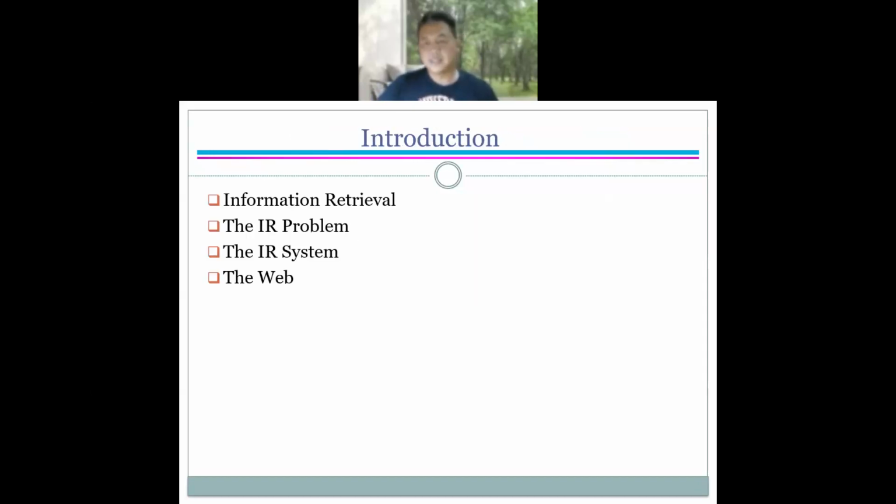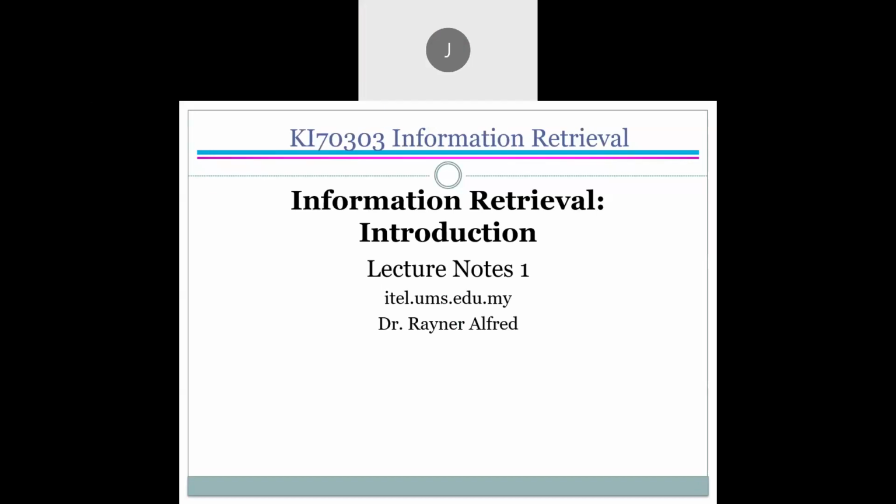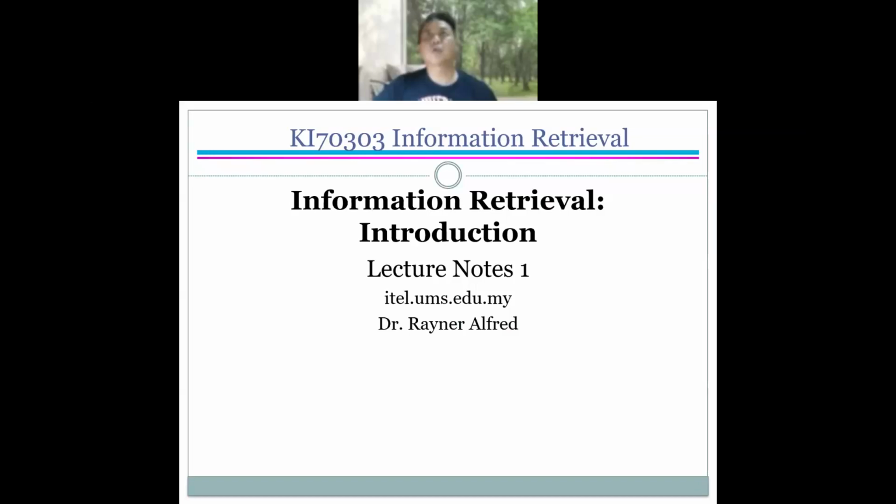Doctor, when is the midterm exam date? The midterm exam is supposed to be in week 7, but that one is flexible. If you look at the schedule, week 7 is the 28th of October, so it should be the 4th of November.